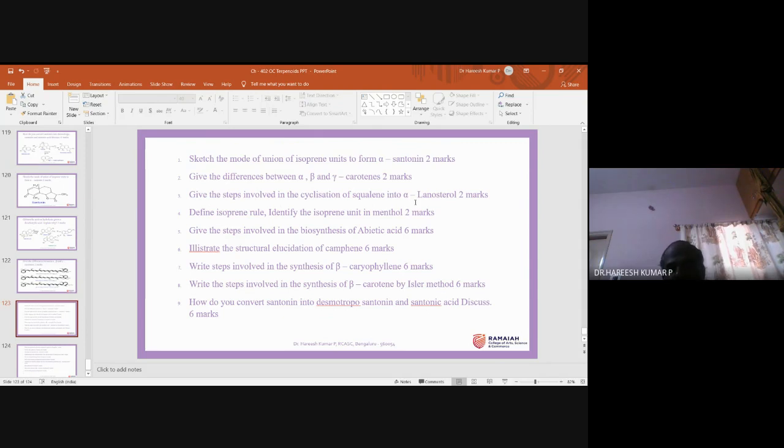So here, what is the cyclization of squalene? I think you know squalene. So I will go back to the conversion of squalene to lanosterol. I will just move the slides backward.